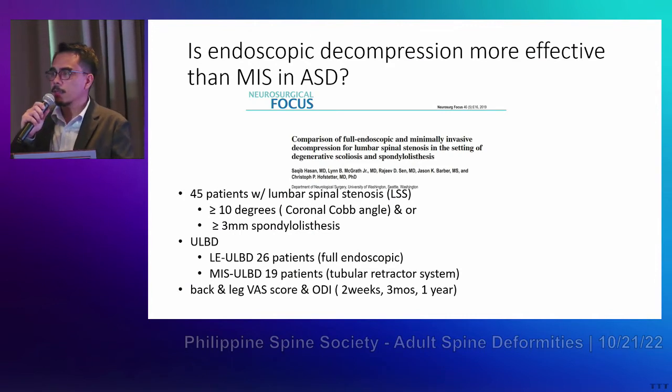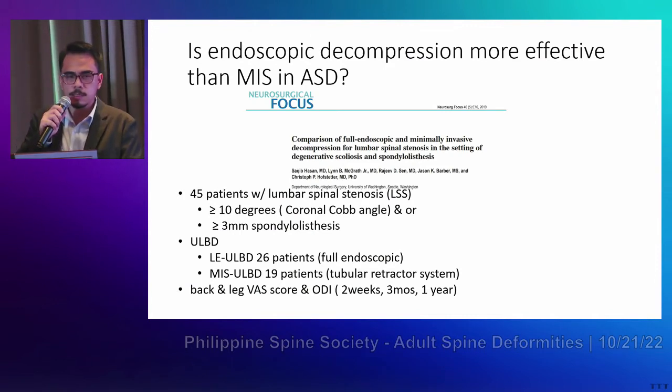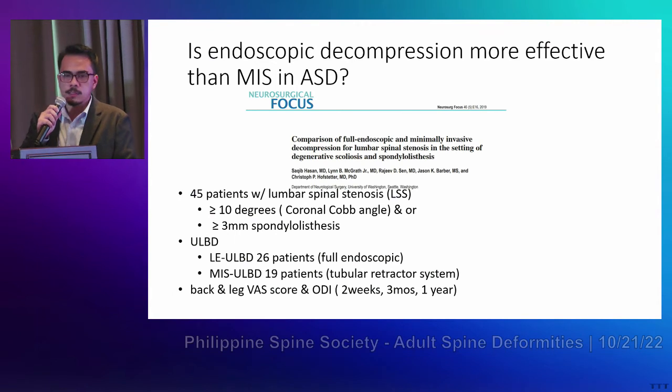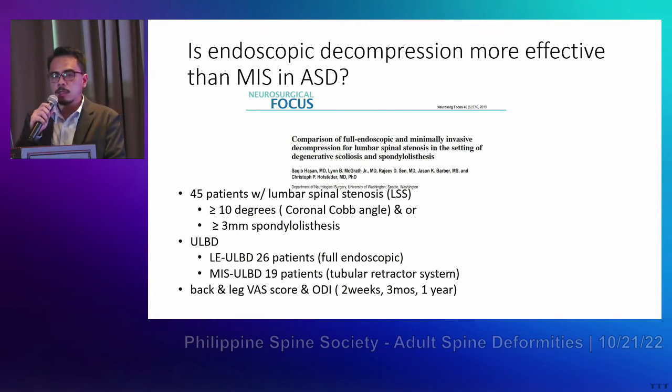So in 2017, the group of Hofstetter did a study, and they compared 45 patients with combined lumbar spinal stenosis and adult spinal deformity. They compared the outcome of unilateral laminotomy for bilateral decompression, or ULBD, using a full endoscopic technique, and an MIS ULBD using the tubular retractor system.